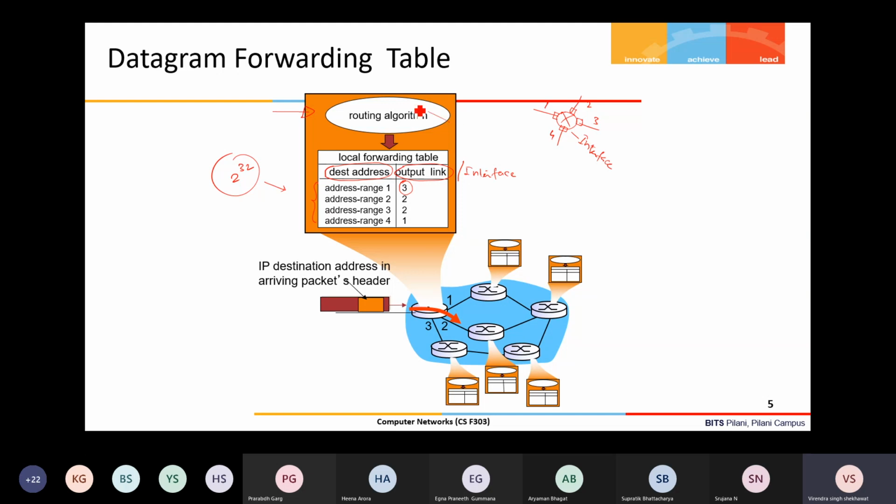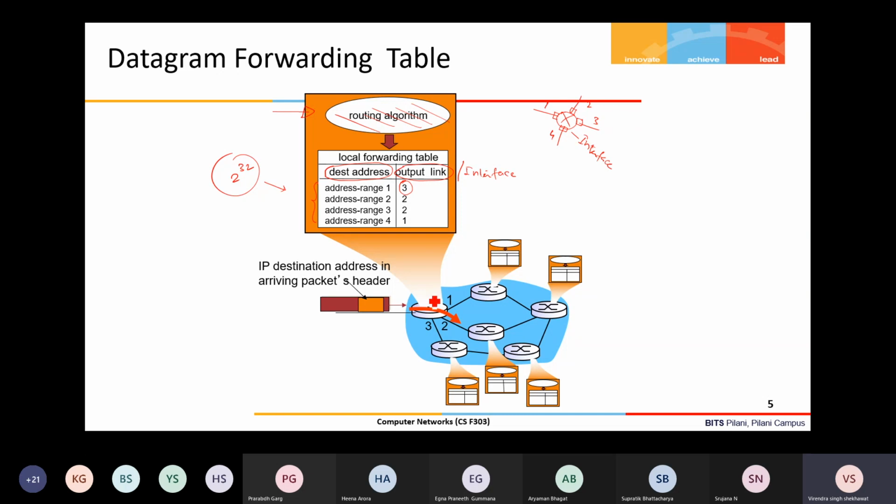For now you can assume this as a black box that provides this information, because our current interest is how addressing works, and how the router does forwarding based on the forwarding table available at each router.